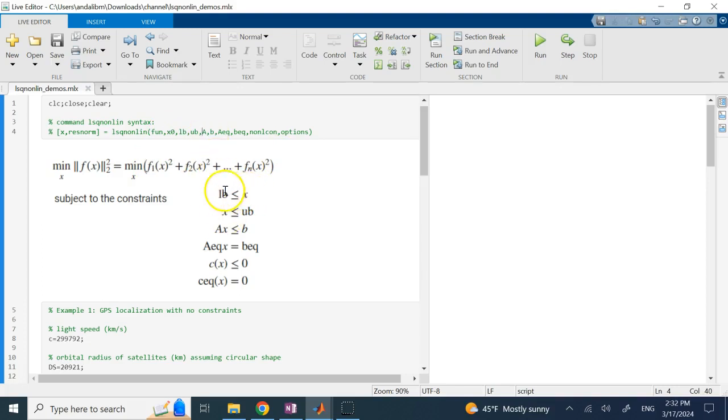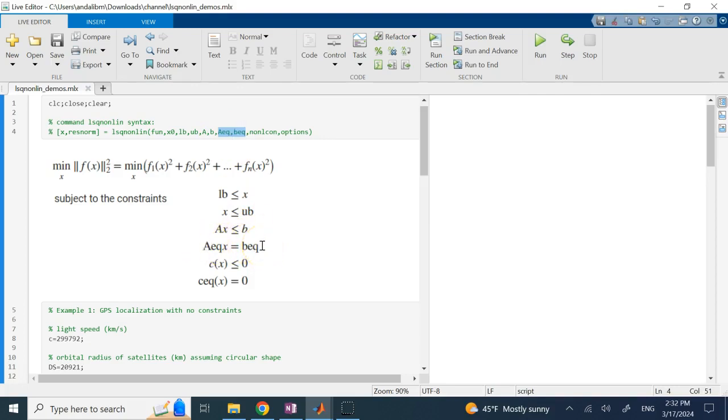So x should be bigger than or equal to the lower bound, less than or equal to the upper bound. Also, your function can have some equality and inequality constraints, like A and b are for inequality constraints. So in general, A times x could be less than or equal to b, where A is a matrix, b is a vector. And A equality and b equality are for an equality constraint.